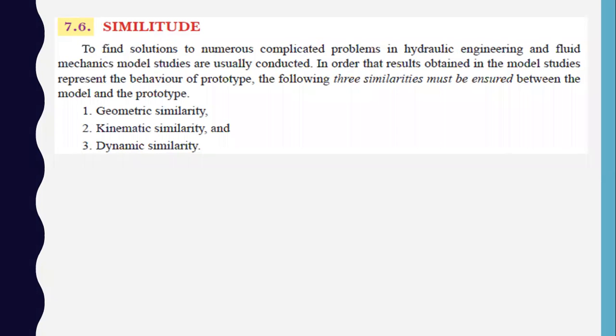So in product development, the first process is the modeling and the next is the prototype. The three similarities should be ensured before it is converted into the product. The first similarity is geometric similarity, the next is kinematic similarity, and the next is dynamic similarity. We will discuss them one by one in this lecture.